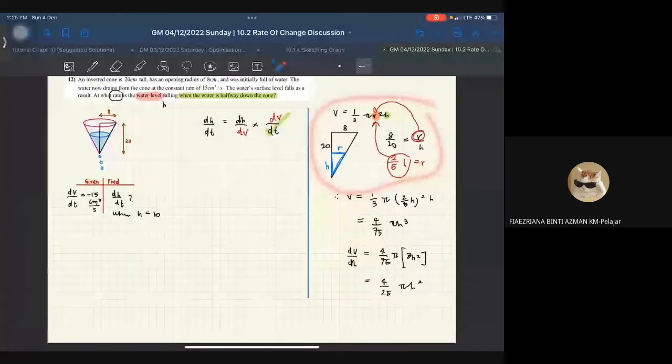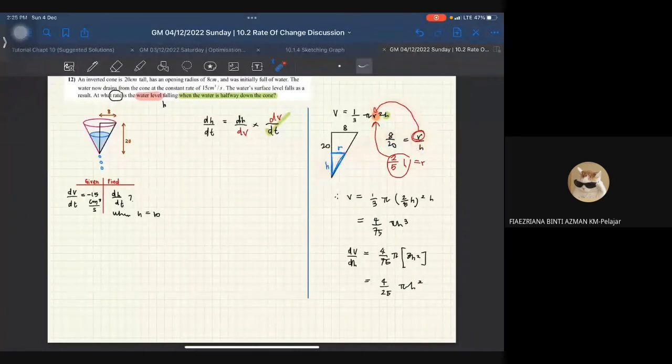Sebab dia adalah perubahan. So, H dengan R ni adalah changes. Okay, maksudnya dia adalah nilai yang berubah. Okay, so kita tak boleh nak substitute dulu H yang kita dah tahu, which is 10 kat sini, dan masukkan dia ke dalam this one untuk cari apakah nilai R kita, and then masuk balik dalam ni.